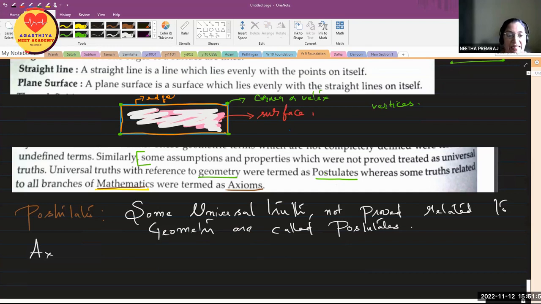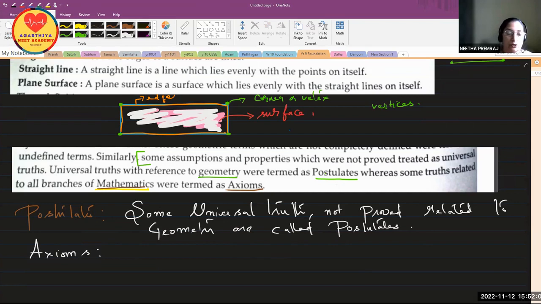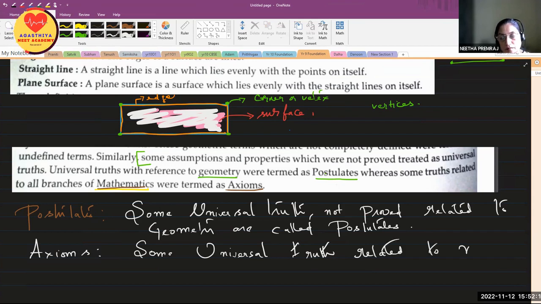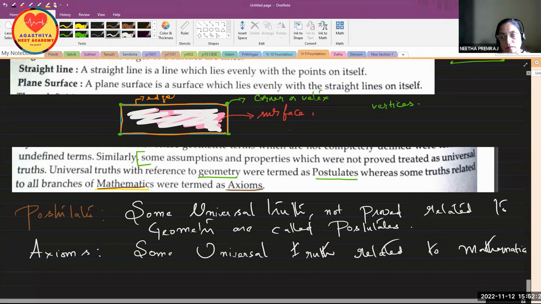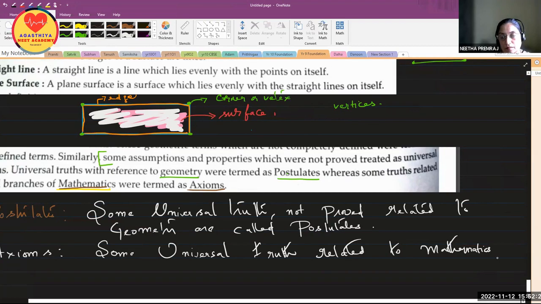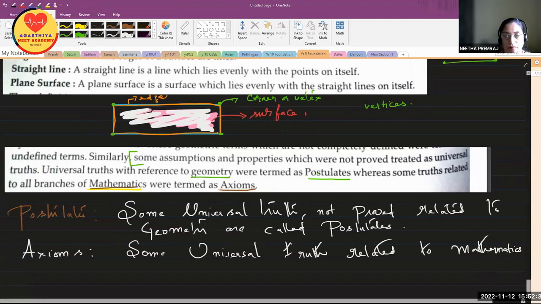Similarly, axioms. What are axioms? Axiom means similarly some universal truths related to mathematics, called axioms. Make a note of it.